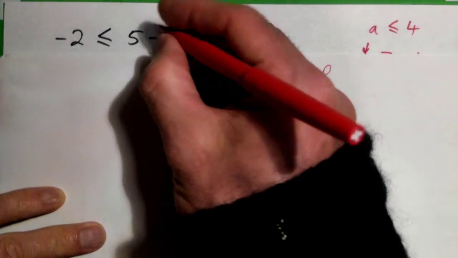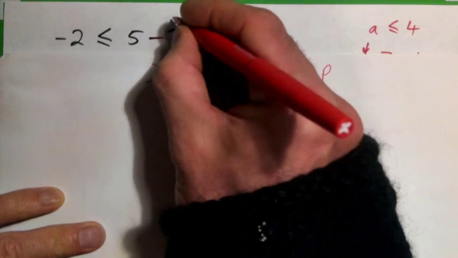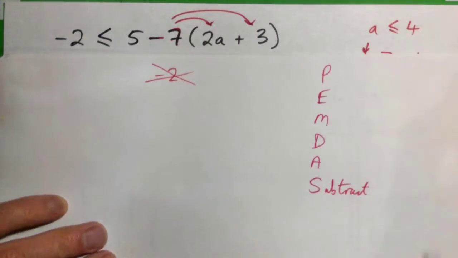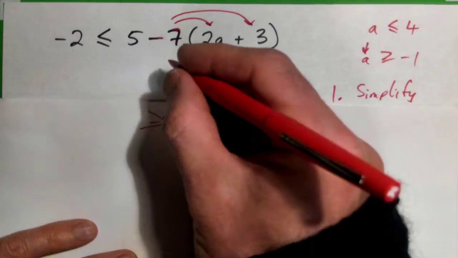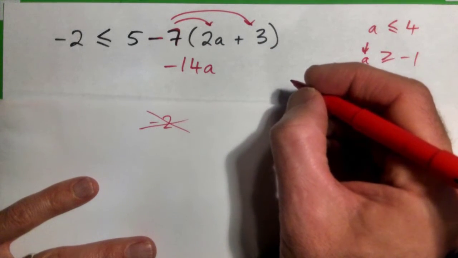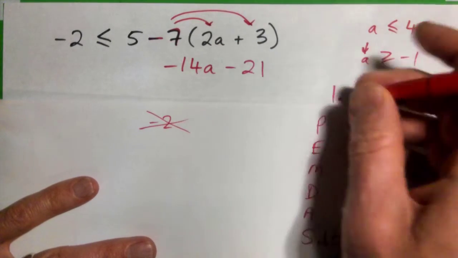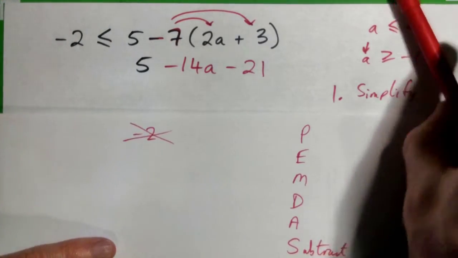The answer is yes, and that's why we multiply the negative 7 in at this point, because we can find a multiplication to do. Following PEMDAS, we get negative 14a, then what? Minus 21. Good. And so the right of the inequality gives us this.